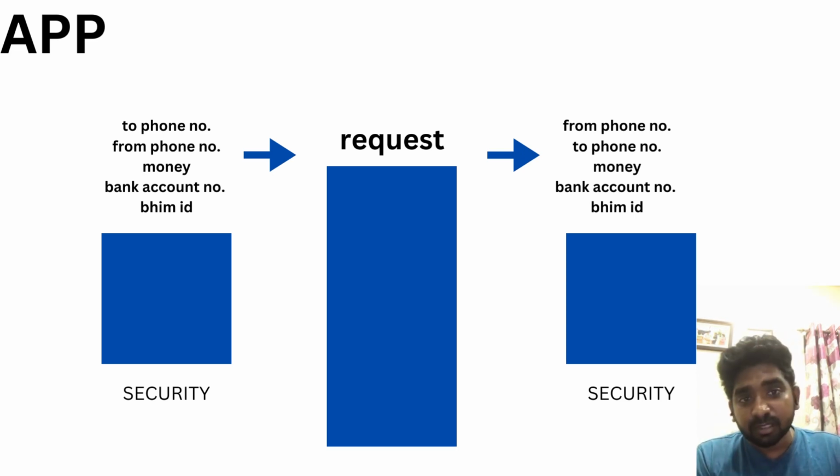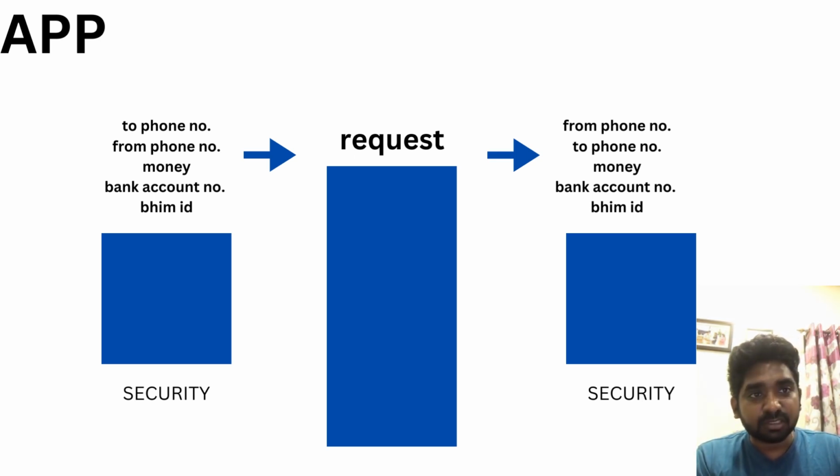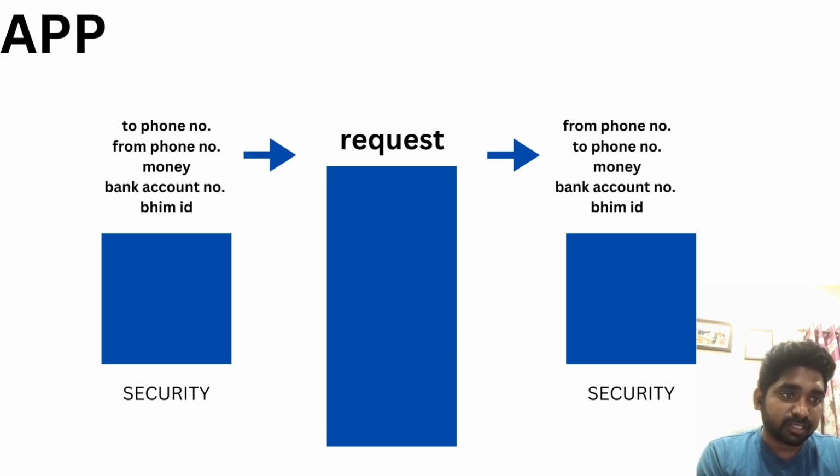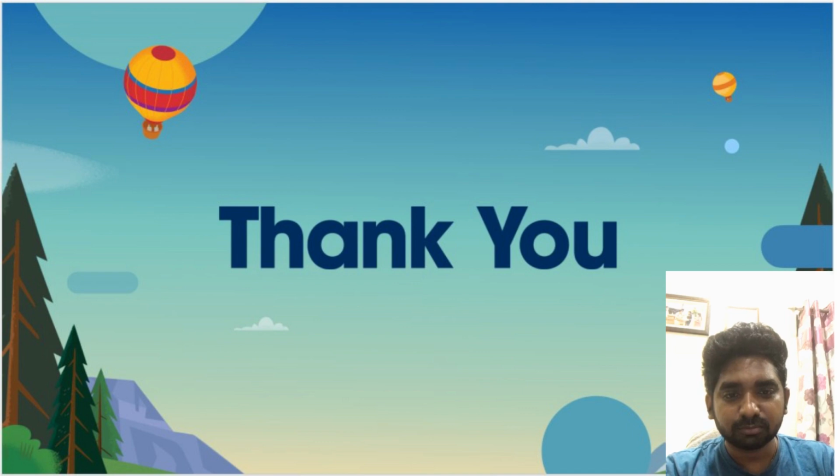Point A sends a request to the system using the phone number, from address, to address, money, bank account details, and BHIM UPI ID to the request server, and then the server sends the data back to point B, where the to address, from address, money, bank account number, and BHIM UPI ID are transferred. Hence, the money is transferred directly from point A to point B. So this is a small example.